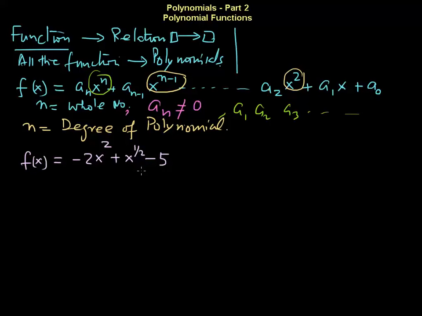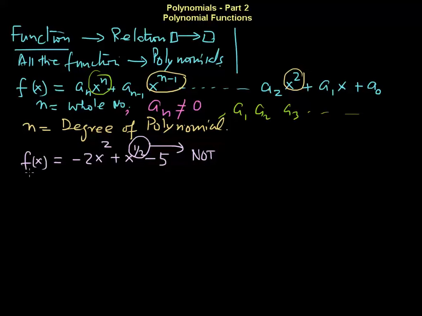We have to test whether or not this is a polynomial function. If you remember, I explained in one of my previous presentations that 1 by 2 is a square root, which is coming here as an exponent, and because of that this is not a polynomial function, because 1 by 2 is not allowed.